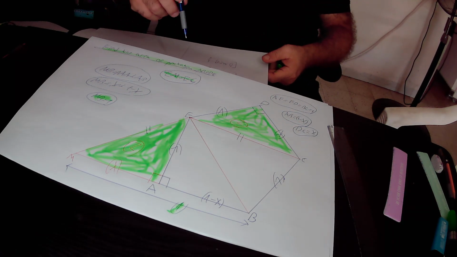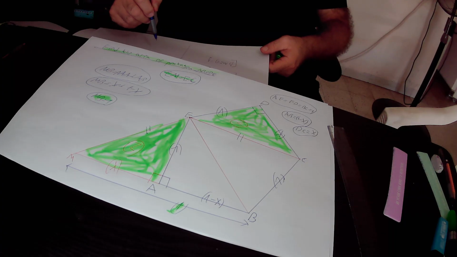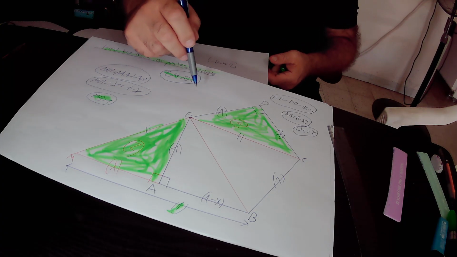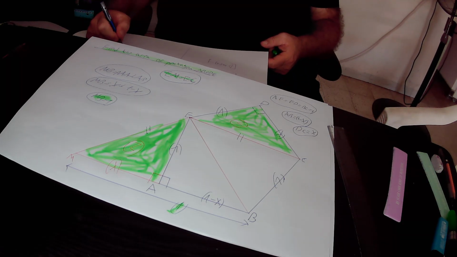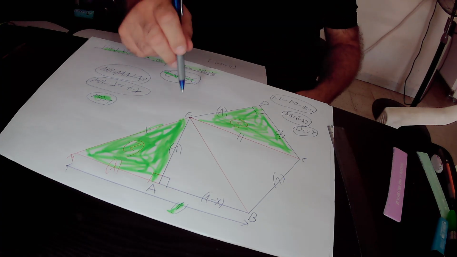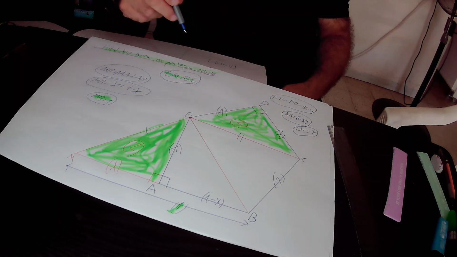That is to say, the area of the big quadrangle MEBC must be equal to the area of this right triangle EMA plus the area of this quadrangle ABCE.